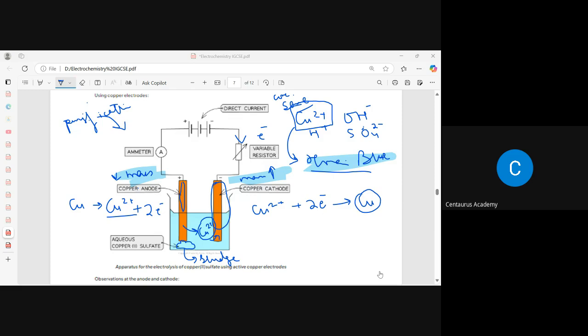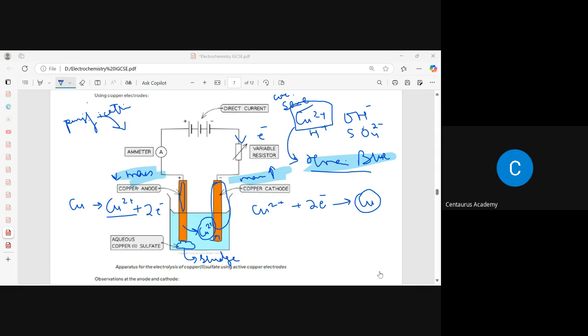This question is very frequently asked: why does the color of the solution remain blue? The reason is that the concentration of the copper 2 plus ions within the electrolyte remains relatively constant. If the color of a solution is because of transition elements, you know that transition elements form colored compounds, colored complexes.